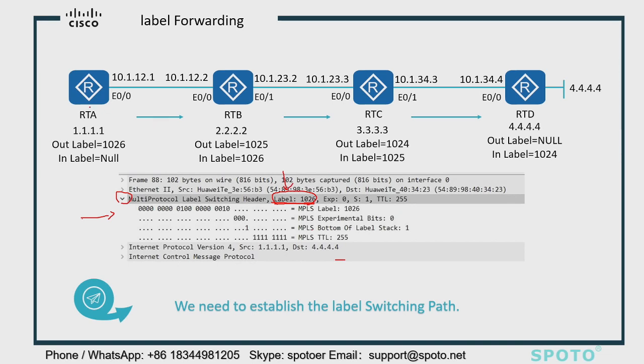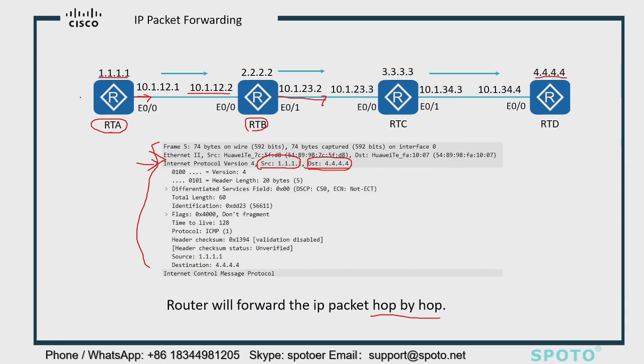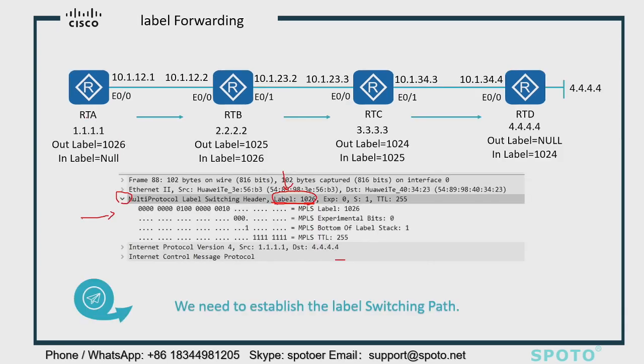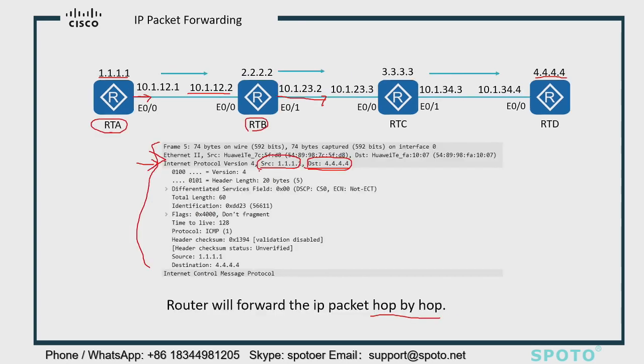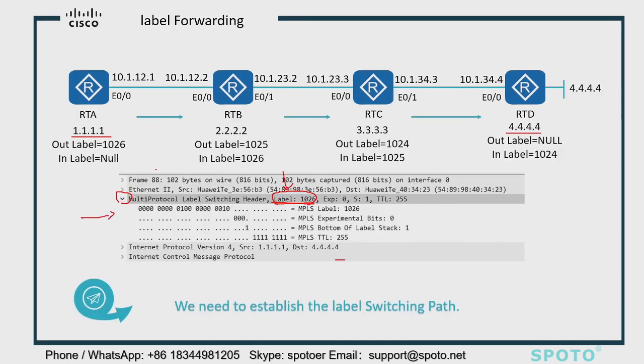For example, here is the same topology as this one. RTA tries to visit RT4, this network segment 4.4.4.4, and RTA will send the packet, but different from the IP packet, RTA will add a label here.